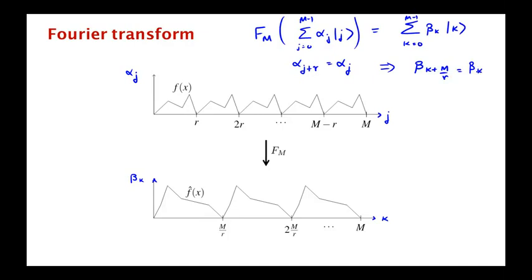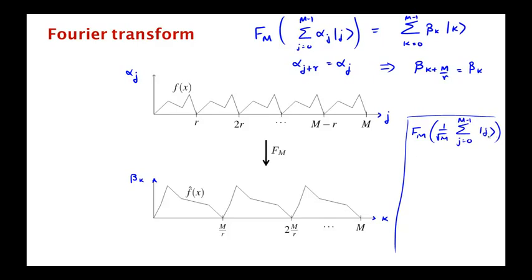We've already seen an extreme case of this, so let's write it out over here. Suppose we apply F sub m to the uniform superposition, 1 over square root m times the sum over j equal to 0 to m minus 1 of j.